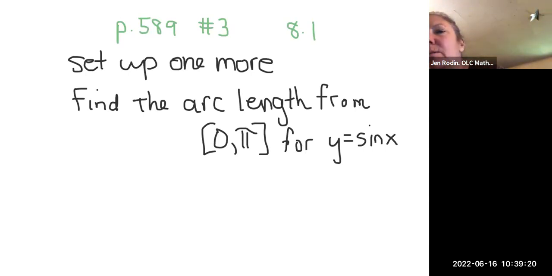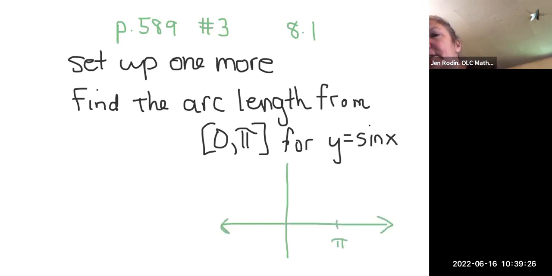So anyway, what this would normally look like, the sine curve from 0 to pi, sine of pi over 2 is 1. It just looks like almost a half circle. So that's what we're talking about, that piece of the sine curve. We want to know how long that green piece is.